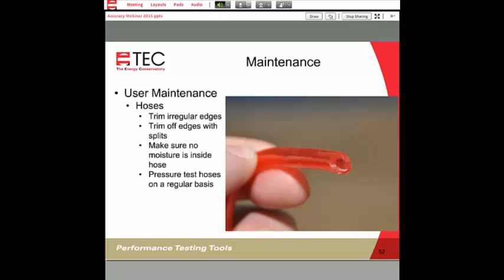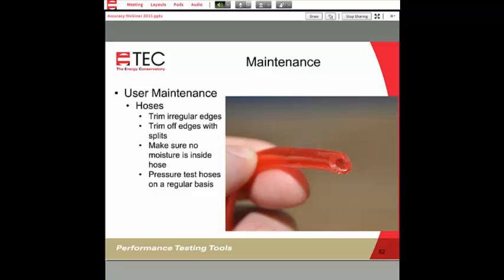The other thing about the hoses is that over time, especially when you use it a great deal, putting it on and off of the gauge can split the ends of the hose. So we want to trim that off maybe once a month. Just take an inch off of the end of the tube and put it back, and you should be good to go.